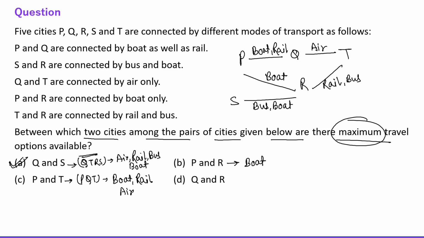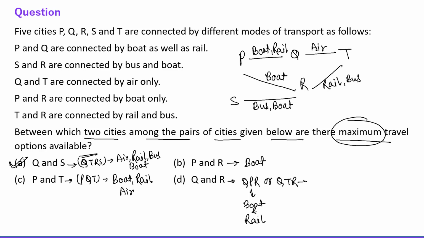Okay. Q and R. For Q and R we can follow two different routes. We can follow Q, P, R, or we can follow Q, T, R. For Q, P, R we have two options, boat and rail.